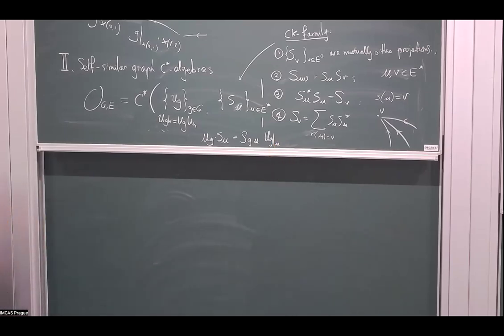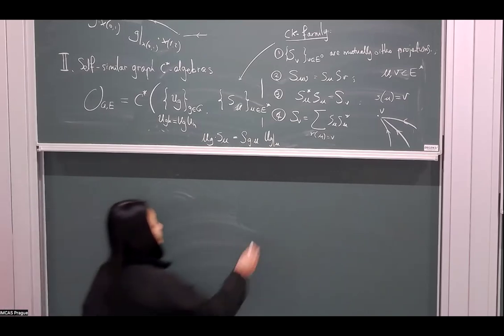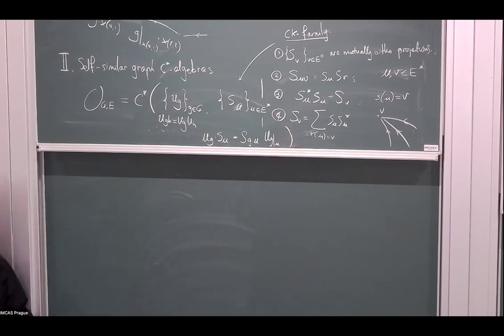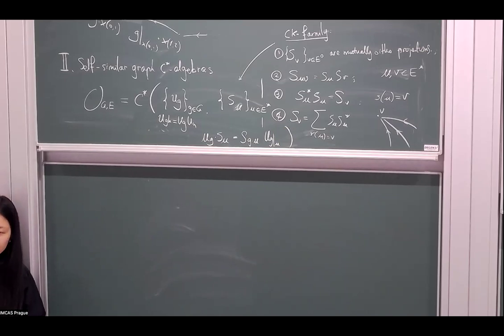So it really tells you that when you act by g on mu, you first of all change this finite path to somewhere else, and then your group element is getting twisted a little bit. Okay. So this is my universal C-star algebra that encodes the self-similarity of the action.